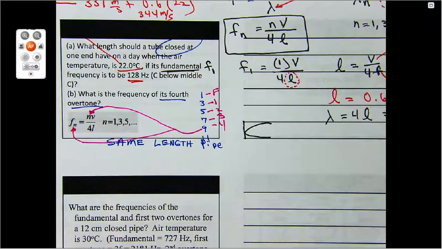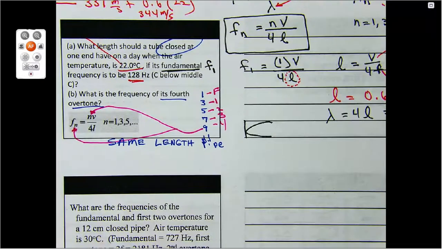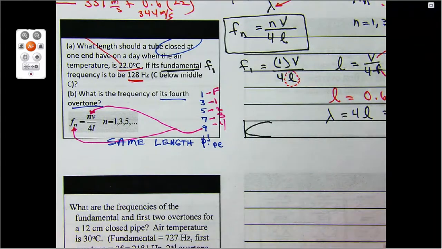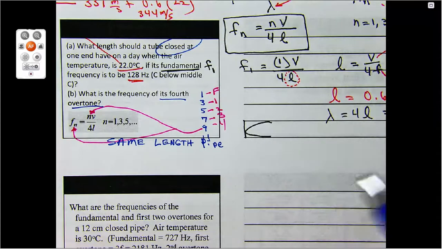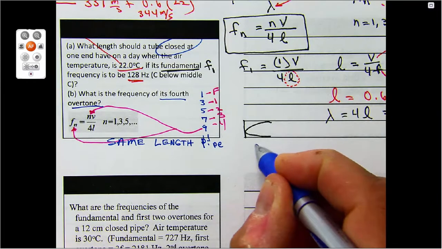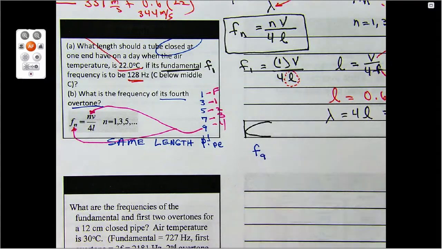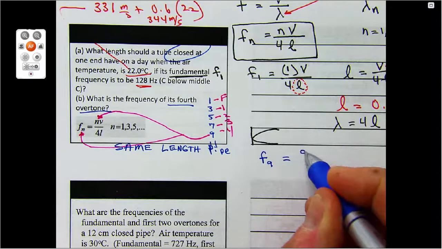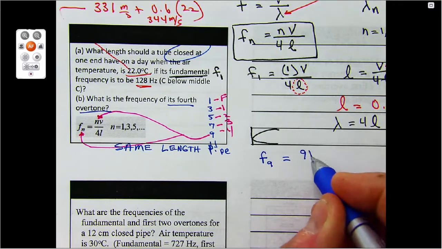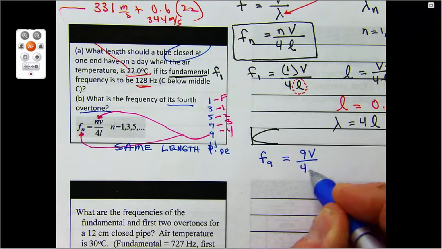Much, much higher frequency. And if F1, well, we'll just put it in here. F9 is going to be 9V over 4L.